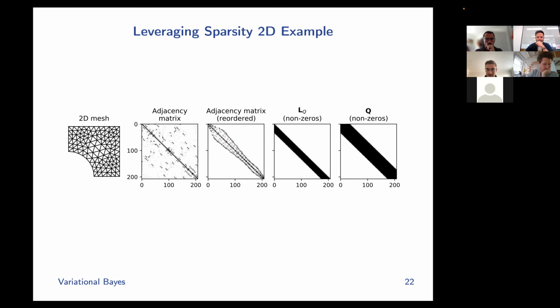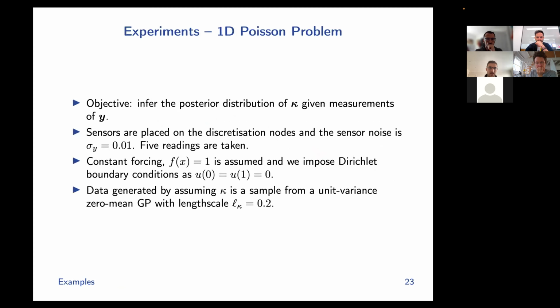I'm not sure if I explained it clearly, but we can discuss more if you have questions. So this is the way to specify non-zeros of the Cholesky factor of the precision matrix, and that's all there is to it.